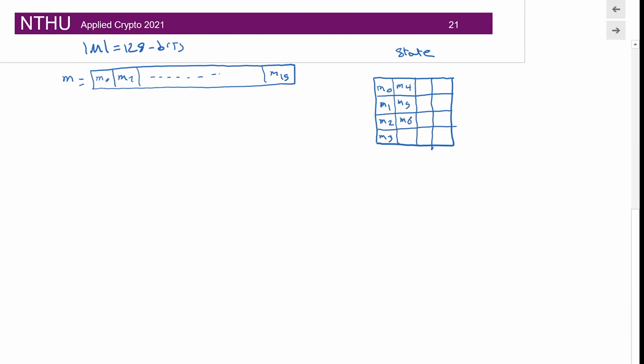M5, M6, M7, all the way to M15. So I copy and paste my entire message into this block, and as you can see, I put them in column by column. This is what we call a word, which is 4 bytes.